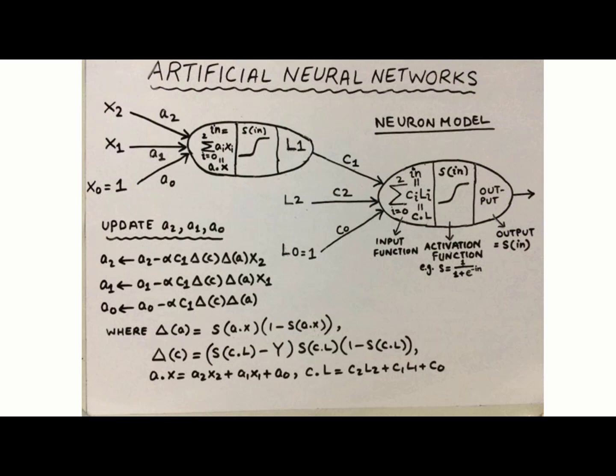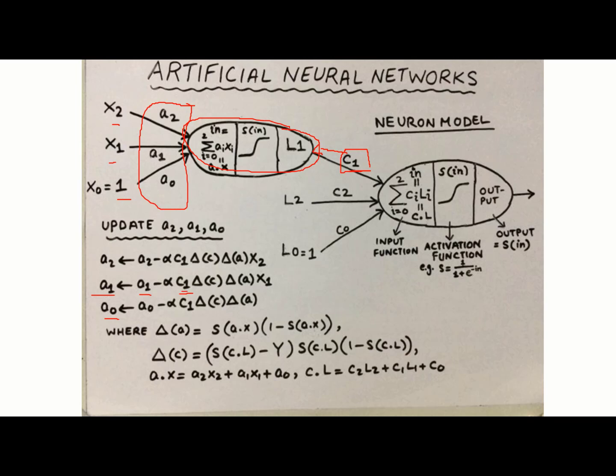By following these steps, you can easily formulate the update rules for the other coefficients, such as A1 and A0. So for A1, this is A1 from the previous iteration minus alpha times C1, which is the coefficient with which L1, the output of the neuron whose inputs are x2, x1, and x0, with corresponding coefficients a2, a1, a0.